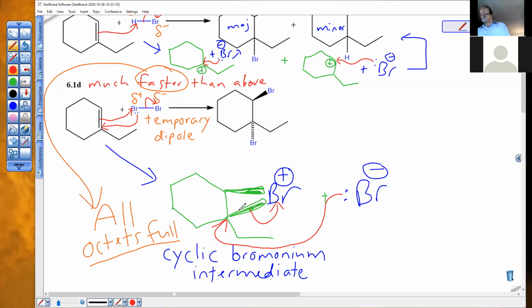Well, it works for some mechanisms too. Okay, it works for all mechanisms. Keep electrons away from each other when at all possible. That's VSEPR, mechanism version. So I'm not going to come in from the front where the electrons would bump into other electrons. I'm not going to come in from the top back because they're close to each other here. But from 180 degrees away, they're as far away from those electrons as possible.